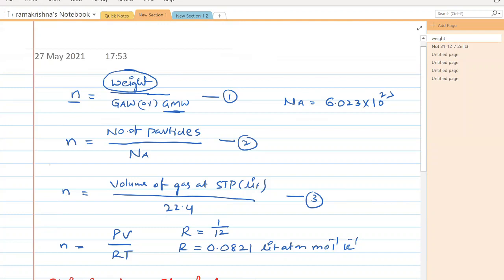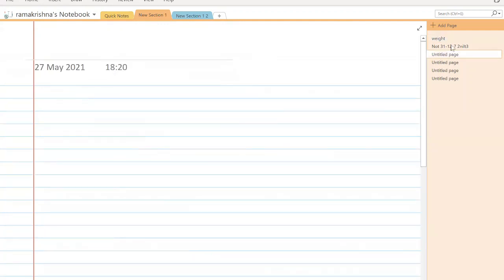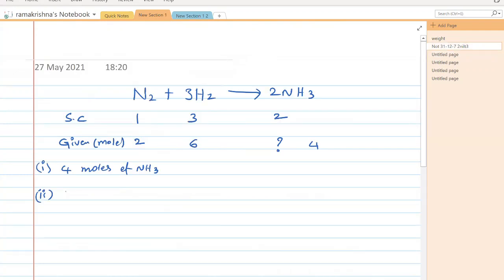So by using this formula, what you can write, weight of ammonia formed is equal to number of moles of ammonia formed into gram molecular weight of ammonia, right? So weight of NH3 formed, what is the number of moles? 4, and its gram molecular weight is 28. You have got the second answer.